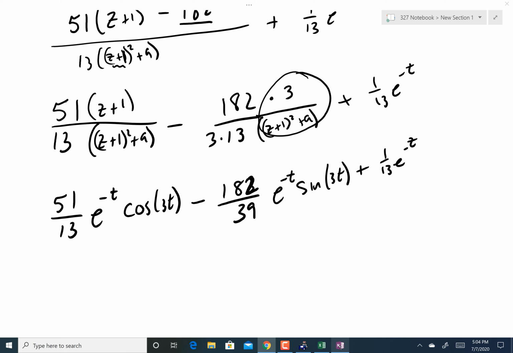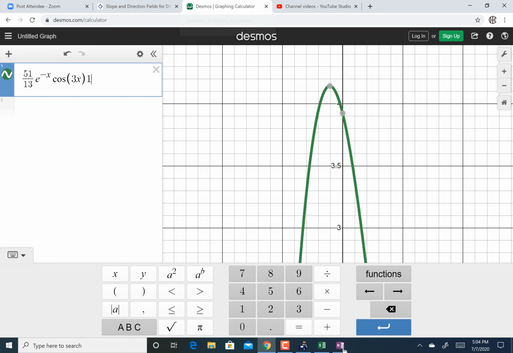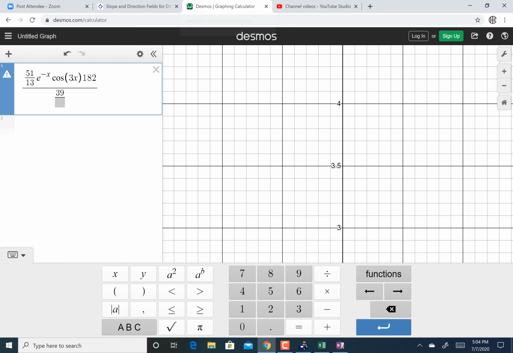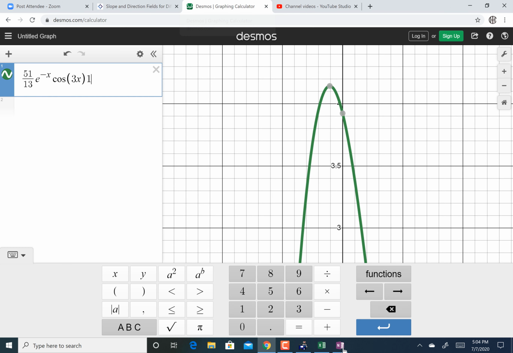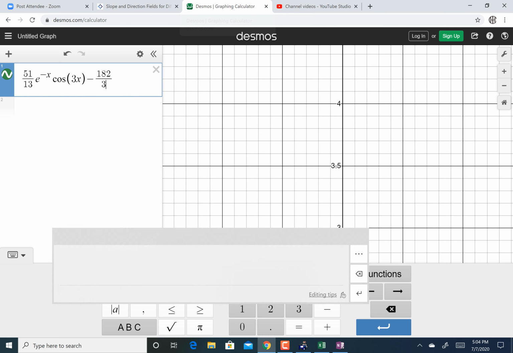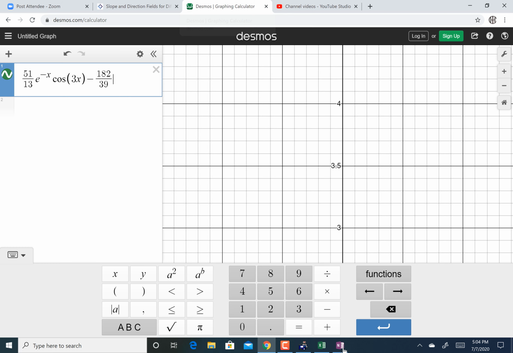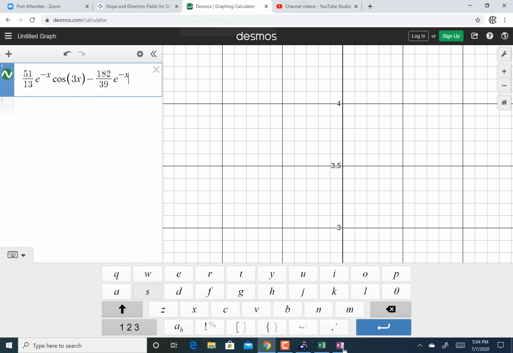I forgot, is it minus or plus? Minus 182 over 39. Minus 182 divided by 39 e to the negative x sine.